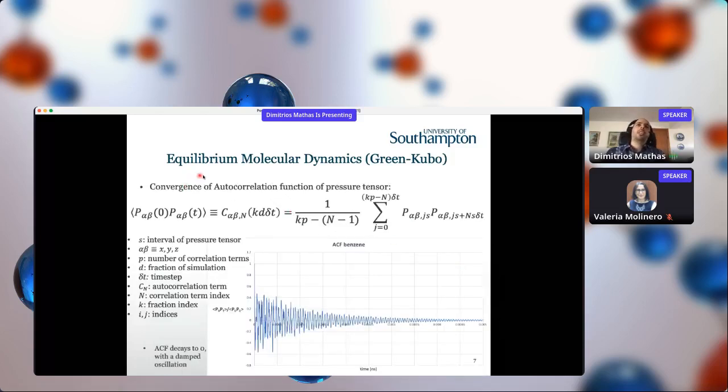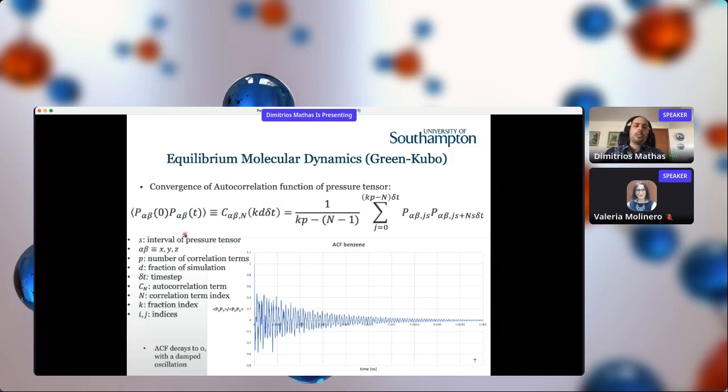Now for EMD, there are two layers of convergence, and the first one is the convergence of the autocorrelation function. In MD, time is discretized, and we can denote the autocorrelation function with this C value here, which is calculated by this ensemble average. S is an interval where we use the values of the pressure tensor, and P is the total number of correlations we have.